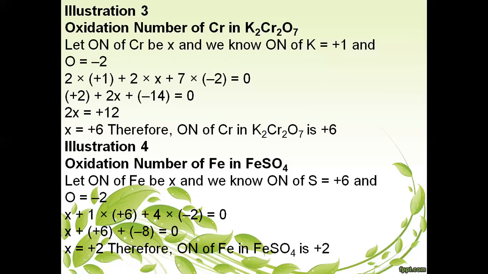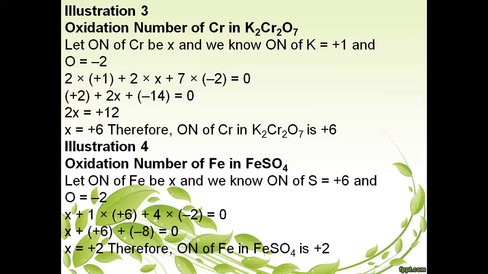So x equals 12 divided by 2, so 6. So x equals +6. This is also a positive ion because it loses the electrons, 6 electrons lost. So x means chromium. Okay, so K oxidation number is 1, Cr oxidation number is +6 and oxygen oxidation number is -2.